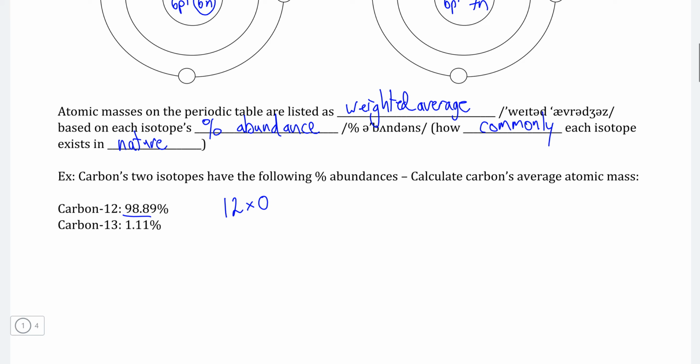So 98.89% we would express as 0.9889. And then we add this to the atomic mass of all other isotopes multiplied by their percent abundances. So 1.11% we would write as 0.0111.